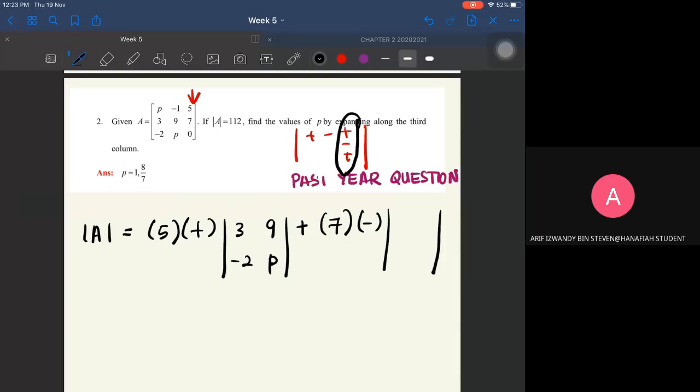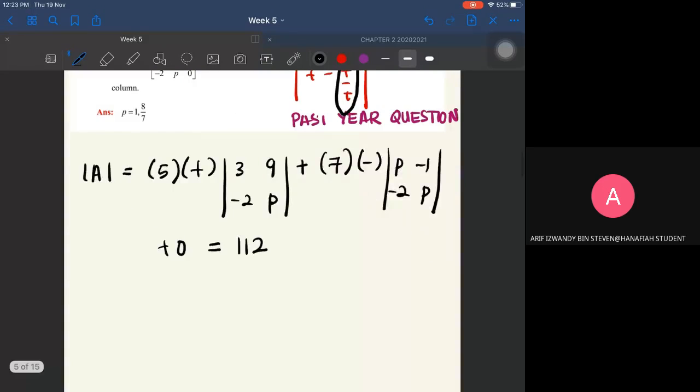So what will be inside here? So kita akan cancel row 2, column 3. Okay, so you will have p negative 1, negative 2p. And the last one here is 0. So tak perlulah, dia akan jadi 0 juga kan. So plus 0. And this one is equals to 112.